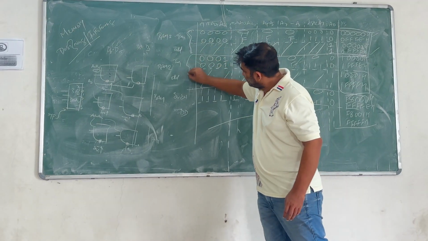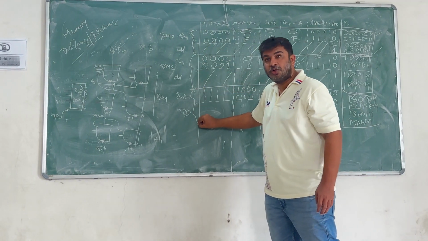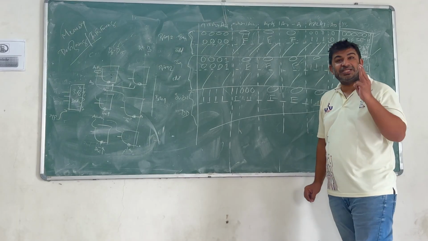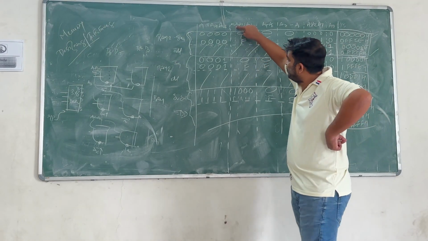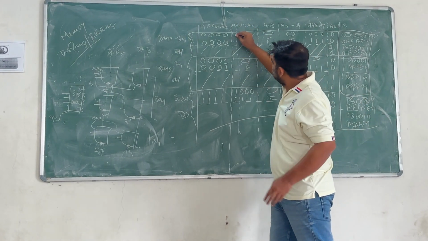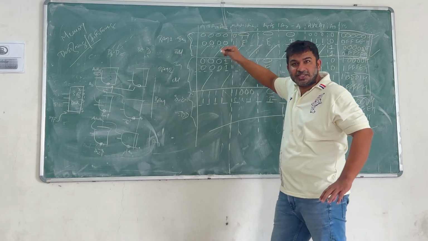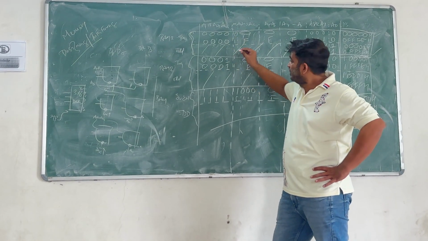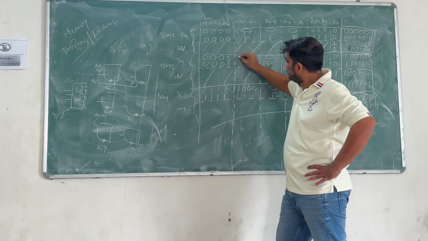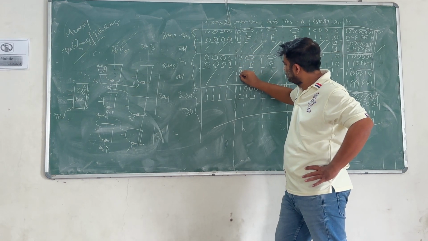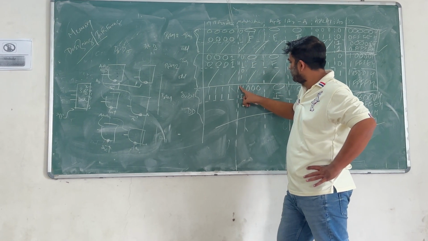This is my RAM 1, this is my RAM 2, this is my ROM. You need to find three such lines. Let's start with A15: it is 0 1 here, so it is not the same; 0 1, 0 1, here it is 1 1.